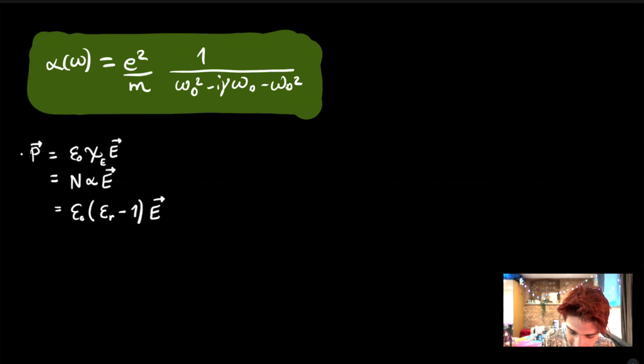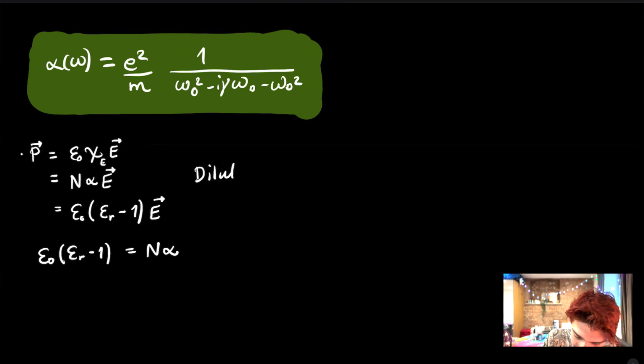So we can say that this set of constants is equal to this set of constants right here. So epsilon naught times epsilon r minus 1 is equal to the number of dipoles per unit volume times alpha. And remember, this is all in the dilute limit. Rearranging this a little bit, we get that the relative permittivity is equal to 1 plus n alpha divided by epsilon naught.